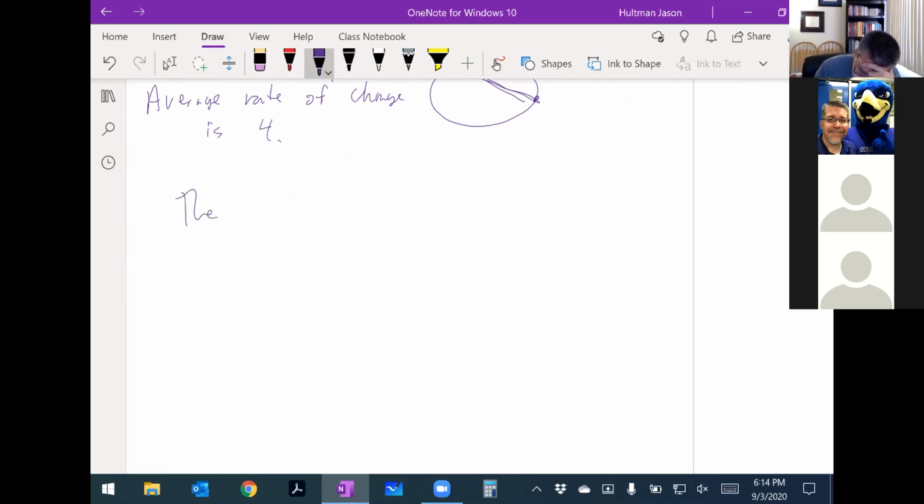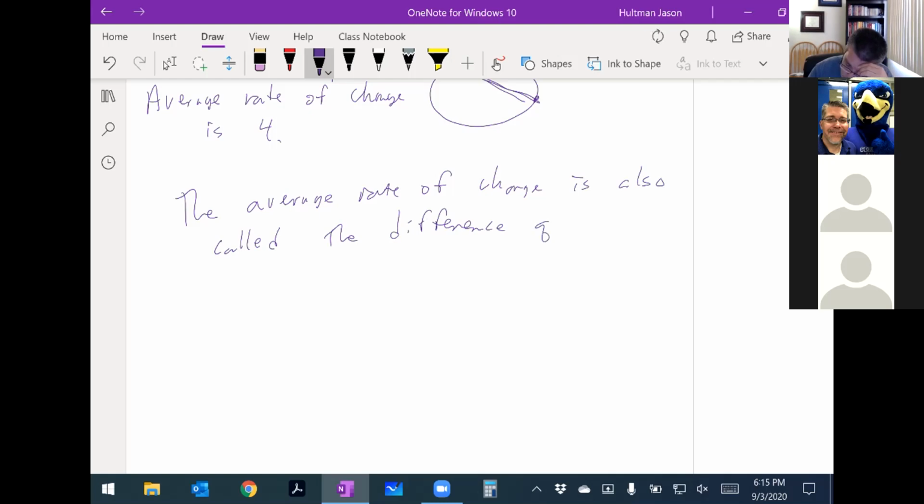Okay, the average rate of change is also called the difference quotient, and it's written a little bit differently.